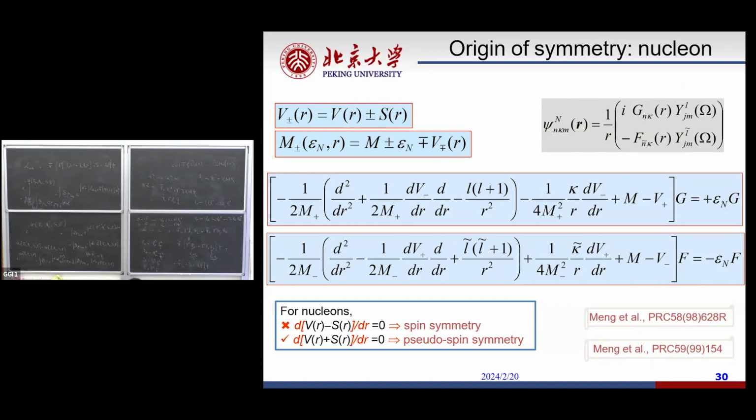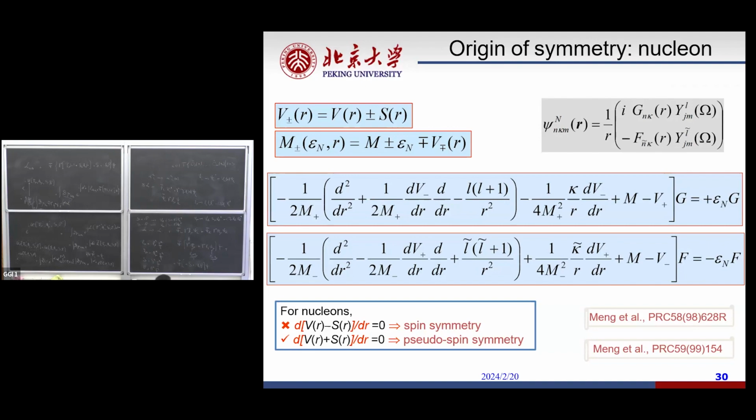But if you look at this equation, for example for the up components, we have this term with kappa here. If we remove this term, then you will see the eigenvalue has nothing to do with the spin, right?